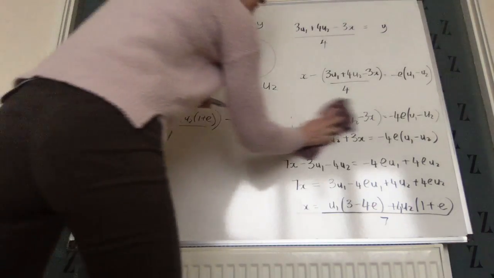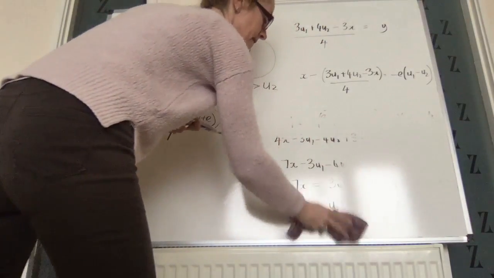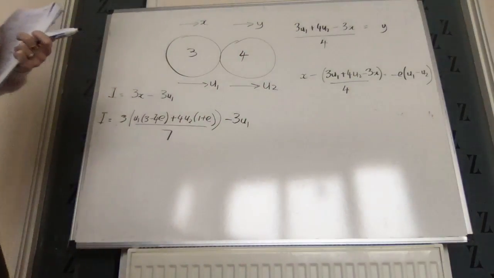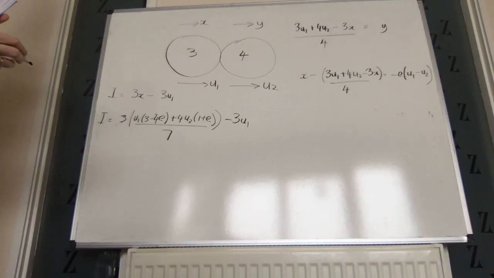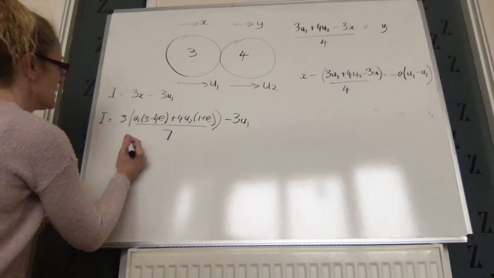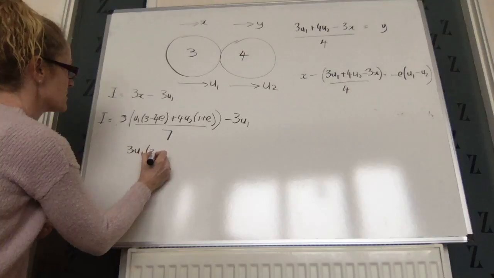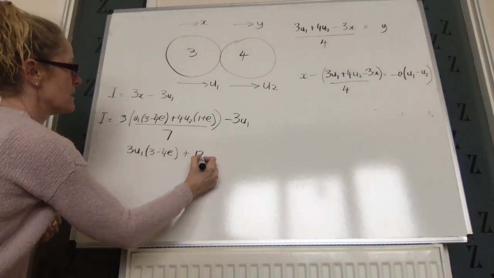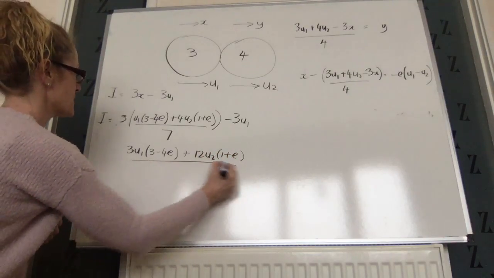I'm going to rub this bit out now. Don't need it. It's just taking up space. Right, now we just have to tidy that up. Let's multiply the 3 in. So it's 3u1 times (3 minus 4e) plus 3 times 4, which is 12u2 times (1 plus e), over 7.